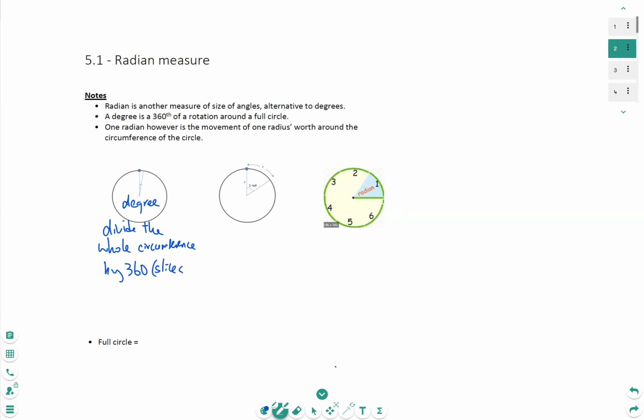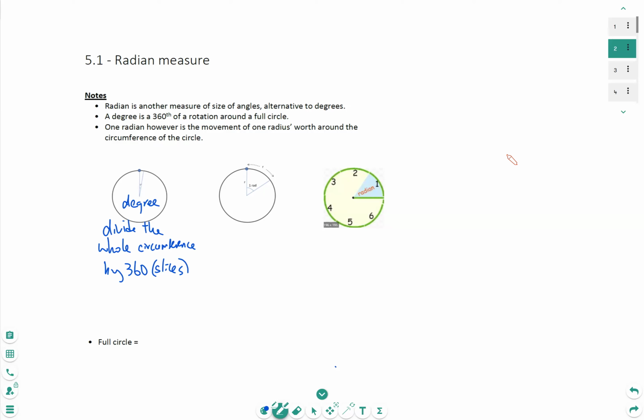I like to use cake to talk about circumference. Think about a cake. Don't judge my favorite cake; I'm an old soul. I actually like coffee and walnut cake. But if you have it divided by 360 slices, then the slice that each person gets is called 1 degree.